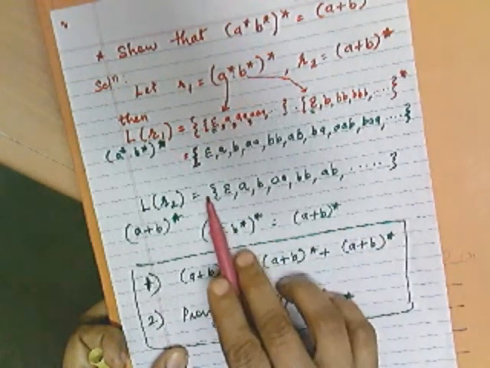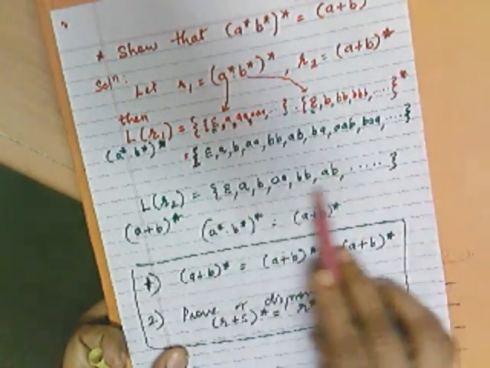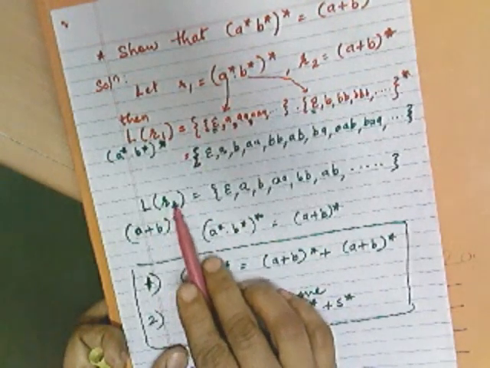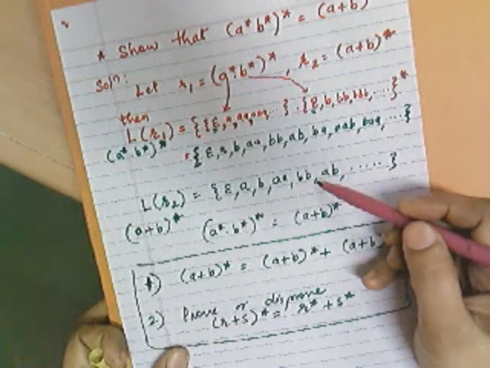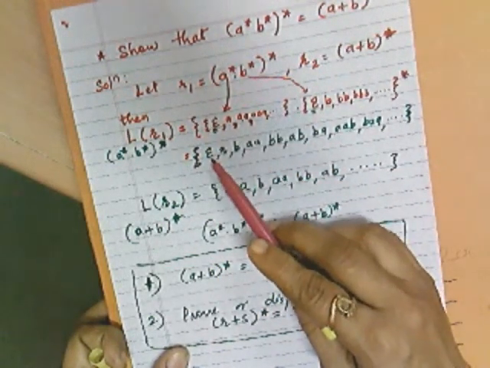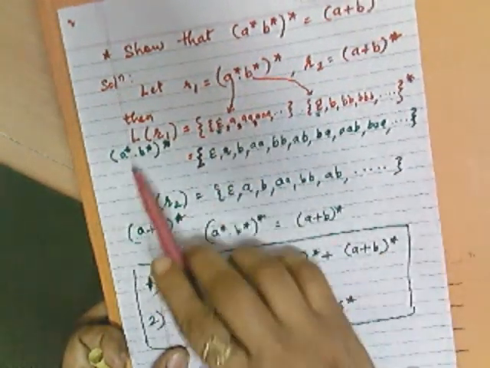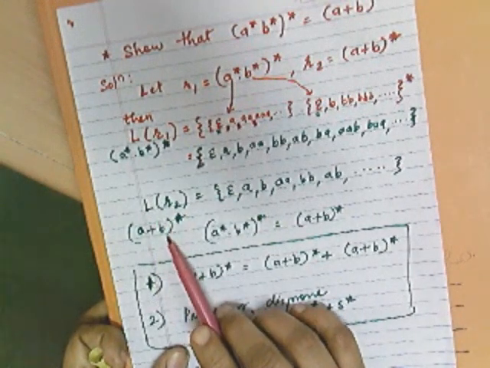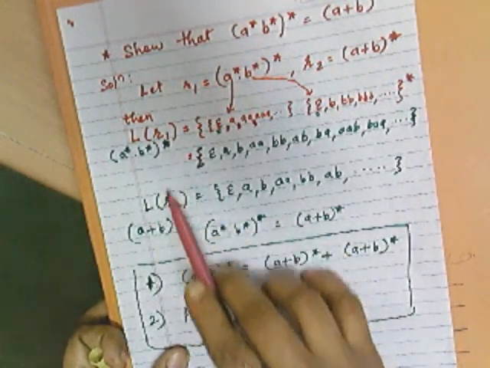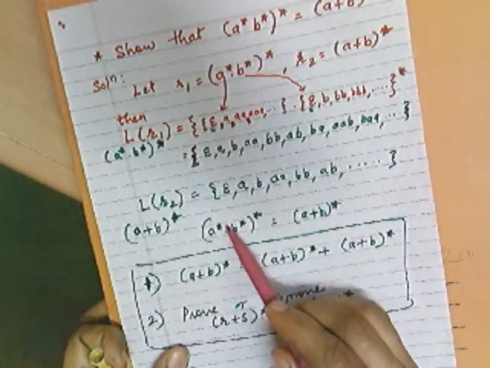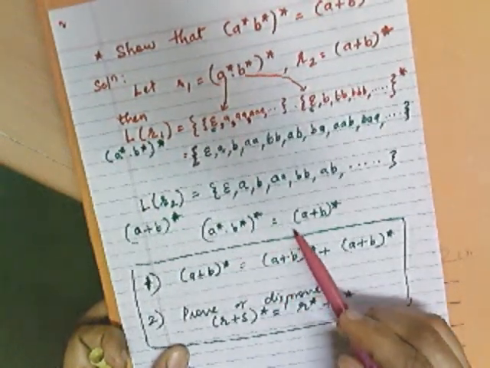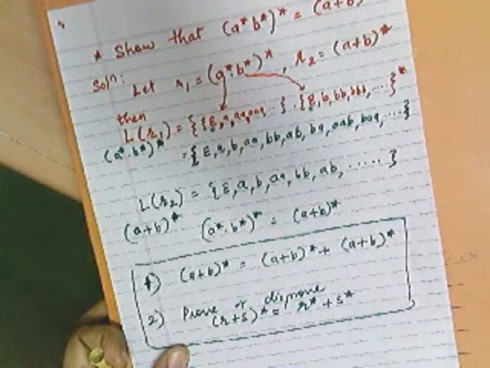So finally we will get this particular set for regular expression 2. Now if we compare these two languages, we can observe that the same language is generated by this expression as well as this expression. Since both expressions are generating the same language, we can say that (a* . b*)* is equal to (a + b)*.